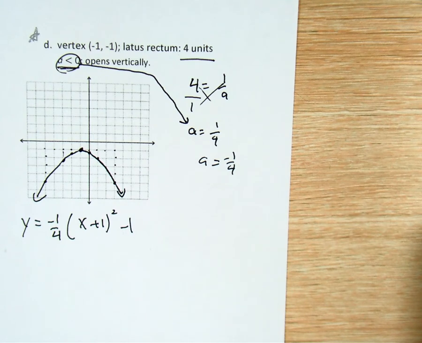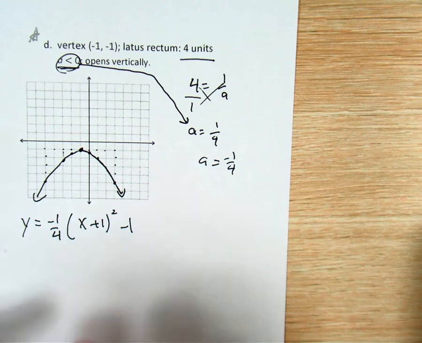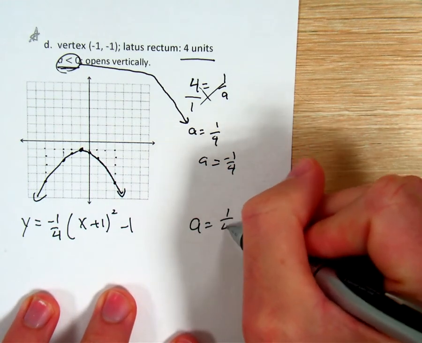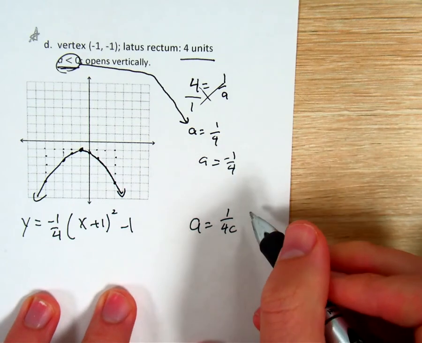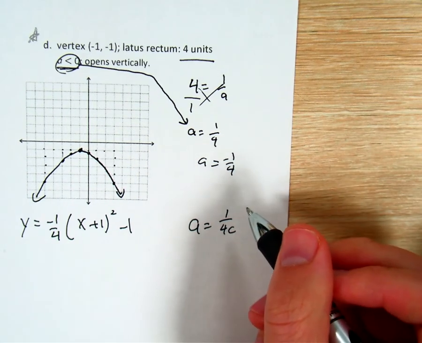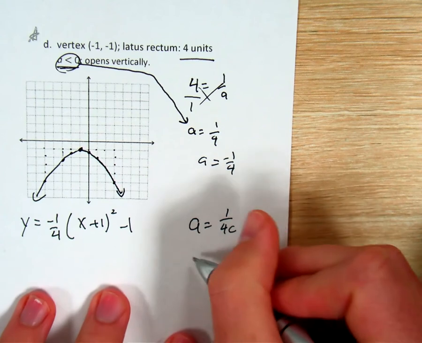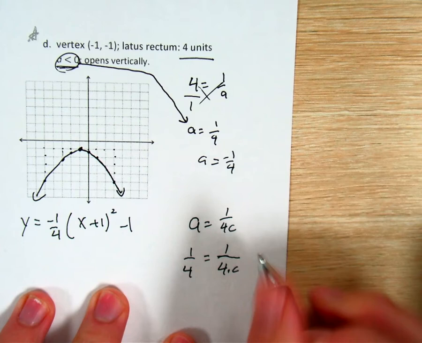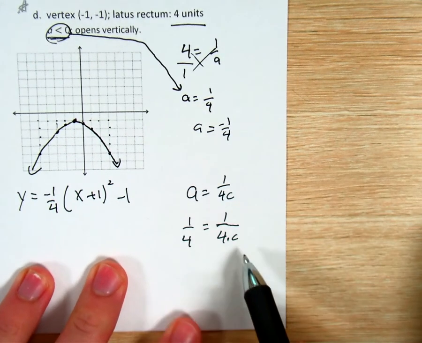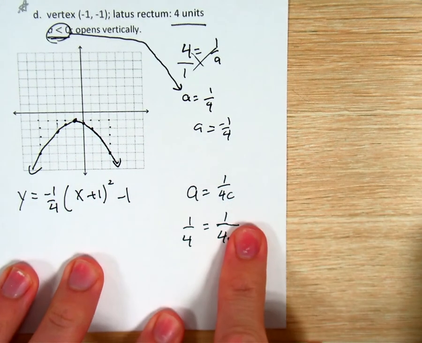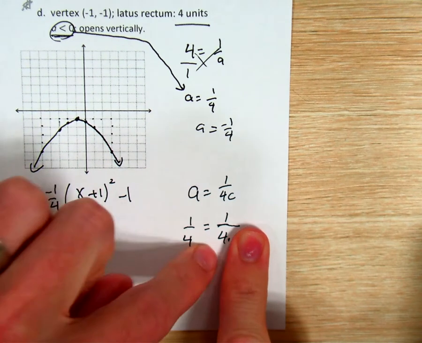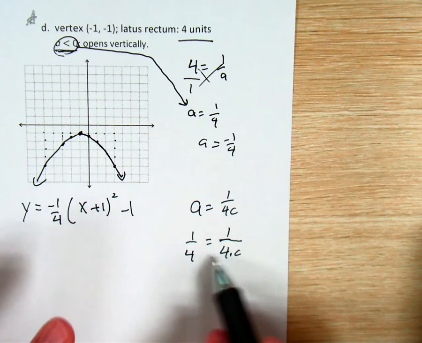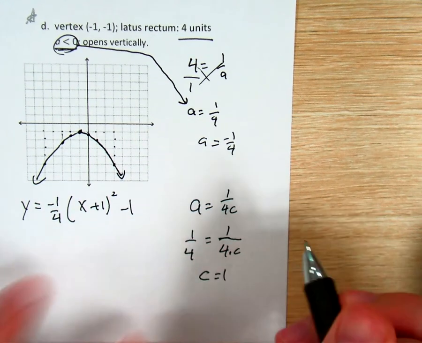Now where's my directrix and my focus going to go? Well, normally we would have a equals 1 over 4c, but I already know the a, 1/4. So 1/4 equals 1 over 4 times c. We could do a little cross multiply and solve here, or we could recognize what I need that c value to be in order to keep this the same, because 1/4 would equal 1/4.